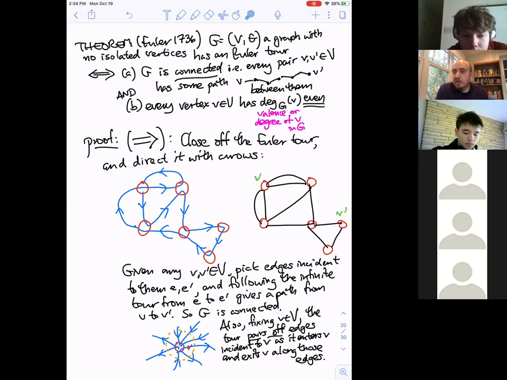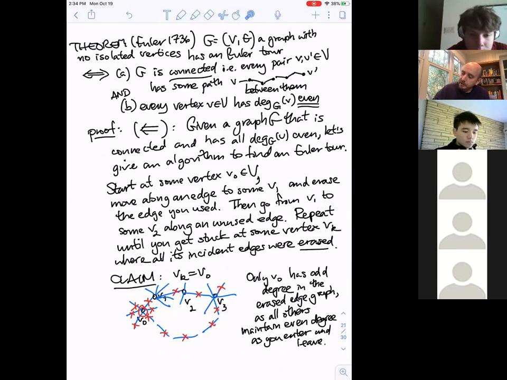And we also gave an algorithm that showed the backward direction. That's somehow the more interesting direction in a way, which is if it's connected and all the vertex degrees are even, how can you actually produce, no, there's not a third condition. How can you produce an Euler tour? And we gave an algorithm.